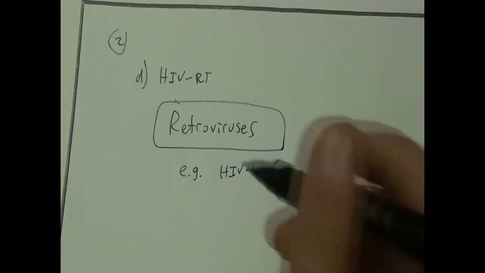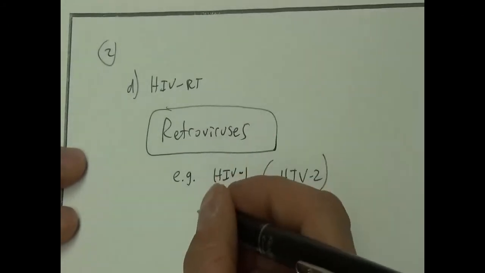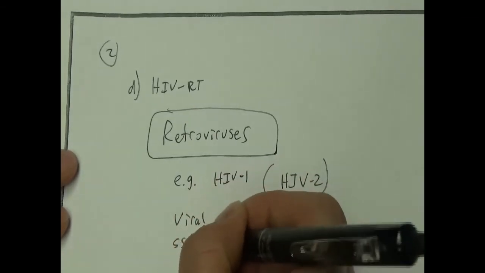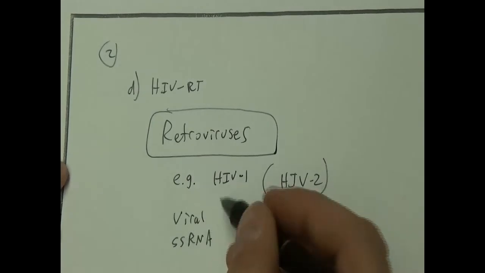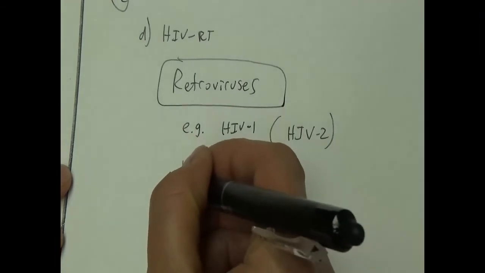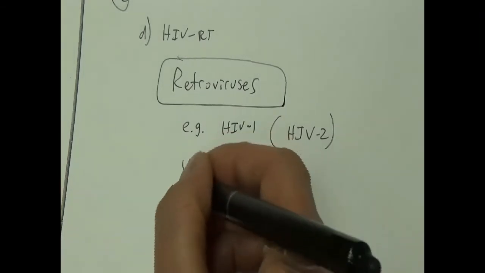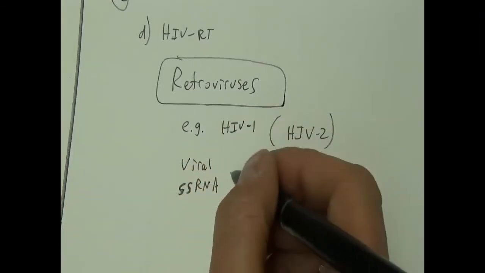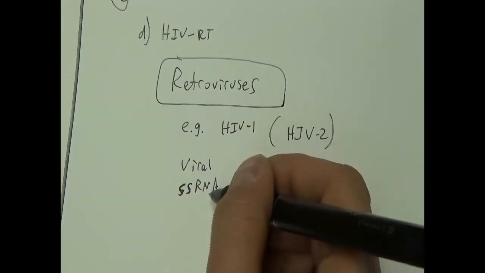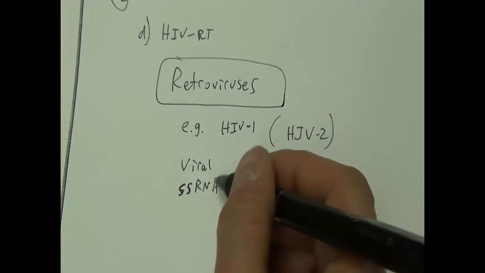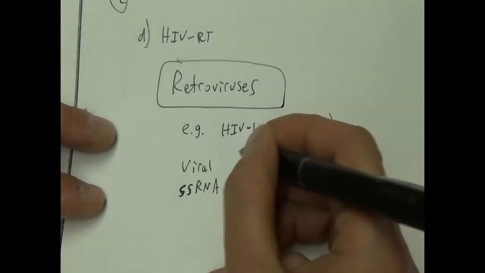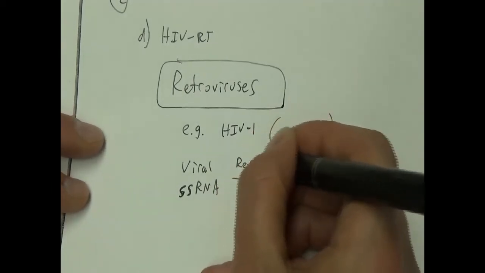All right. So the main way these work is you would have viral single-stranded RNA, which is the main genomic RNA, how the genomic contents of the virus are encoded into this ssRNA, and it is reacted with this enzyme we're talking about, reverse transcriptase.